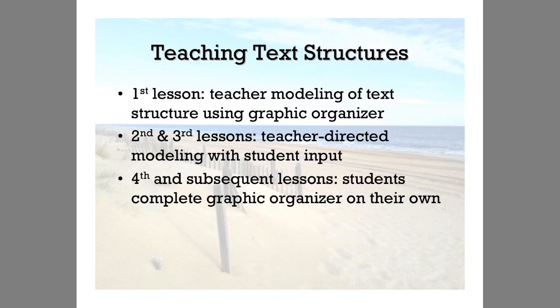So it's just important to keep in mind that text structures can occur on a macro level, meaning that the text as a whole follows a particular structure, but sometimes we also see text structures operating on the micro level, meaning, within a particular section of a text, we might see multiple types of text structures.